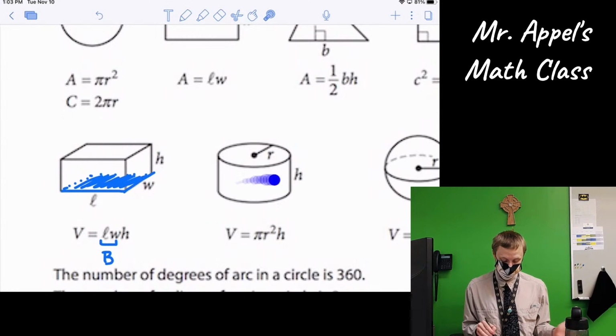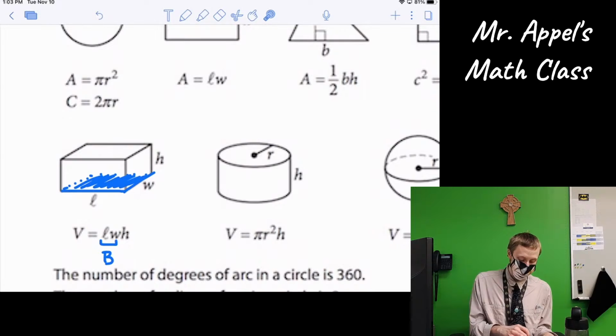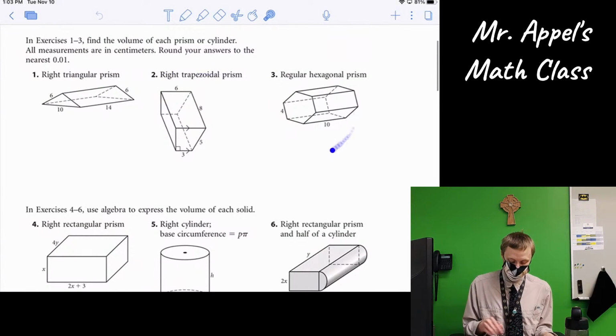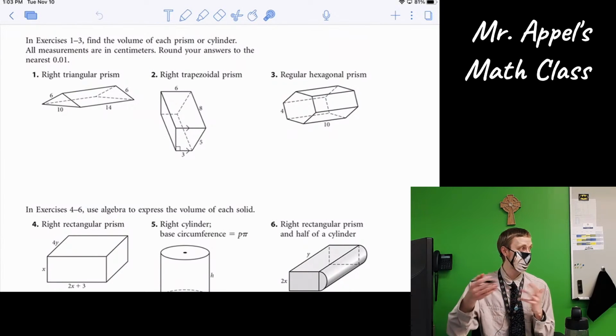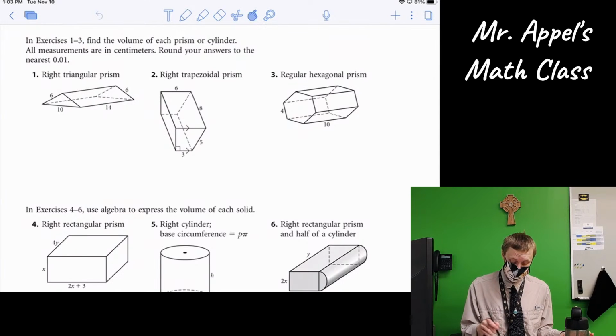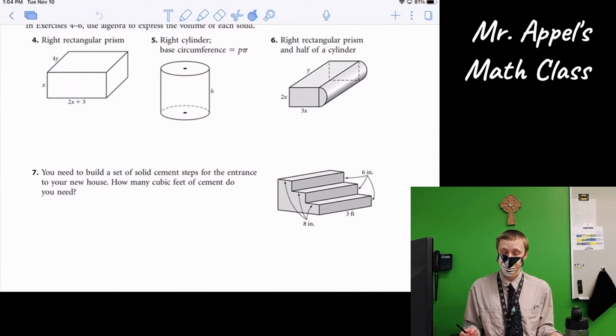A cylinder is really a prism with a circular base, right? So that will save you a lot of time right there. Find the base, multiply by the height, that is the length of those rectangles connecting them. And that'll take you through pretty much all of these, no problem.